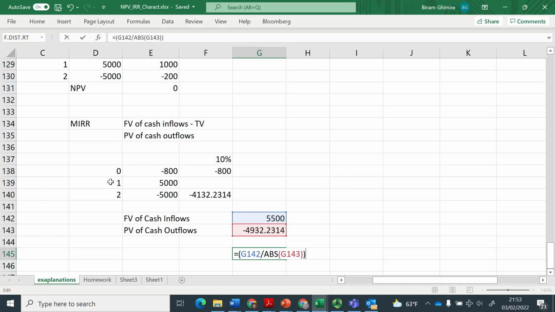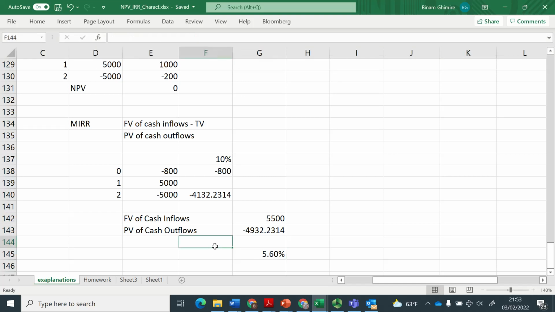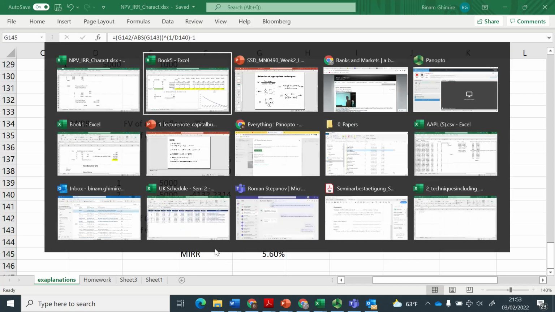That basically means n is 2 years in total, and then take away 1. And that's what you get, and that is your modified internal rate of return, 5.60%. And this basically solves the problem of multiple IRRs, because you have applied modified internal rate of return.